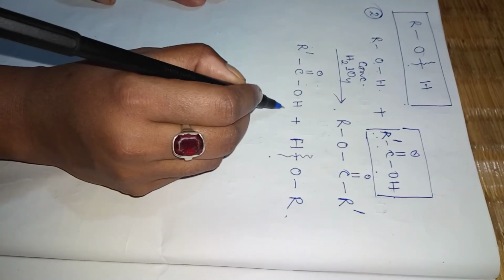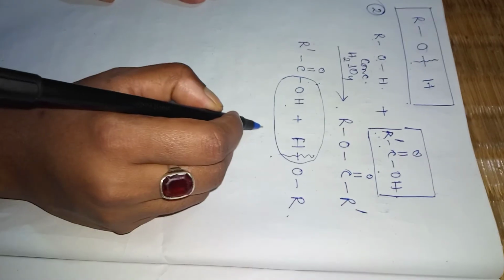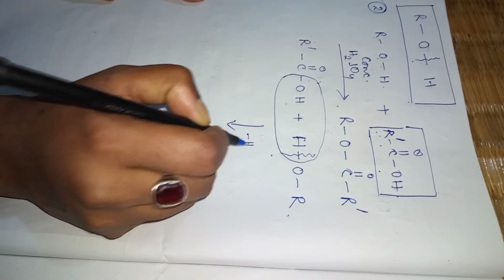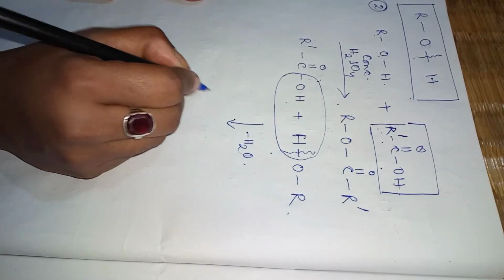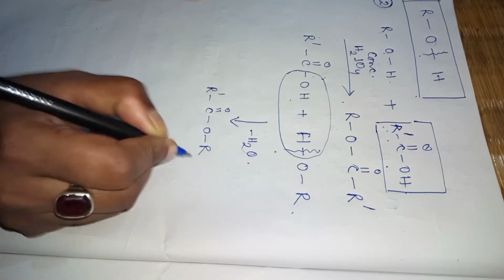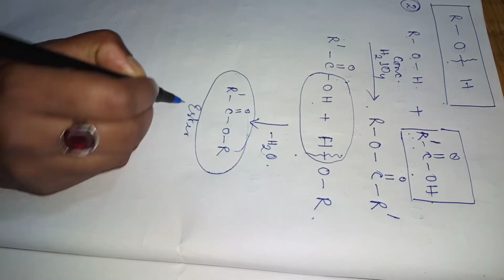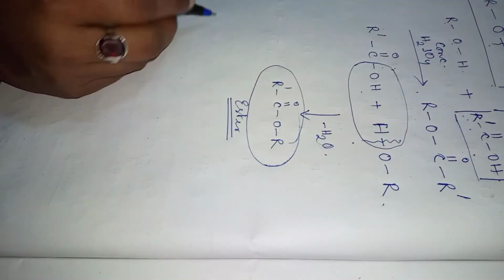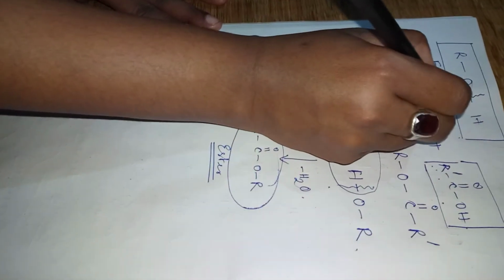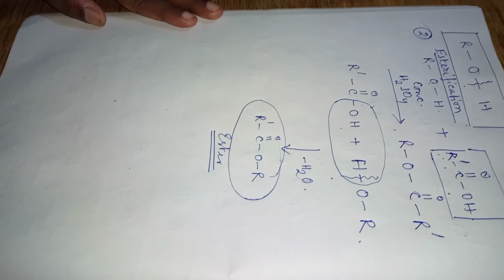So actually the H and OH will react and a water molecule will be eliminated, and we are getting R dash C double bond O single bond OR. This is the ester. As the ester is formed, this reaction is also known as esterification reaction. This is esterification reaction of the alcohol.